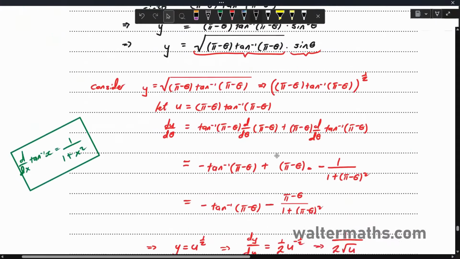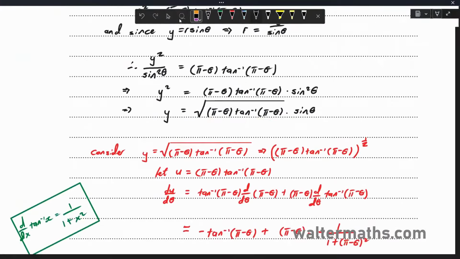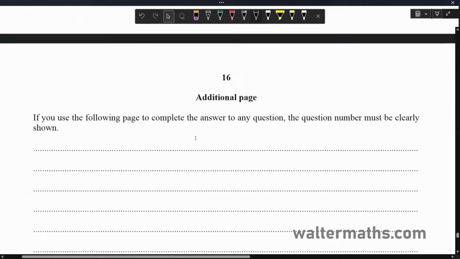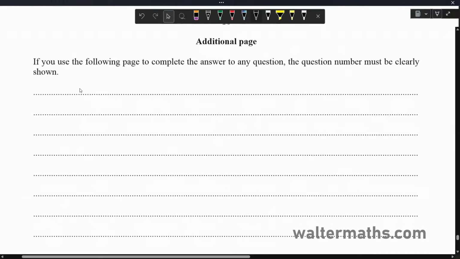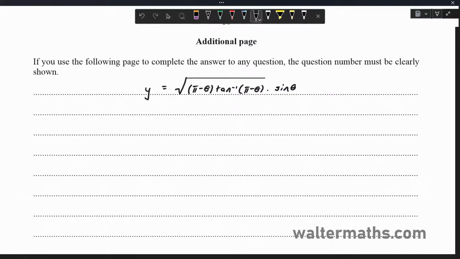Let's carry on. We had left it off on y is equal to this, so we want to continue with this. We are now on another page. From here, we need to find dy by d theta.